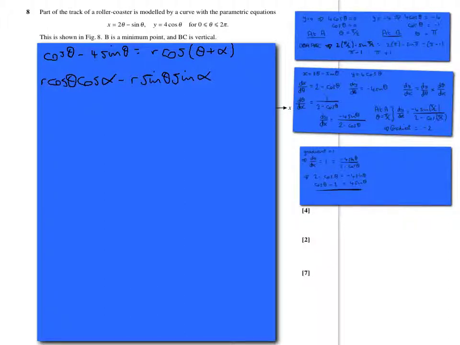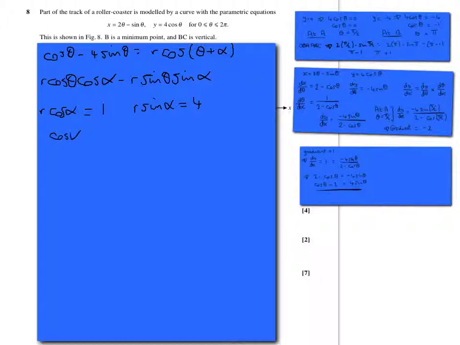This gives us r cos alpha being equal to 1. Doing the same thing here, we have 4 sin theta, and here we have r sin alpha sin theta. This then gives us r sin alpha being equal to 4.